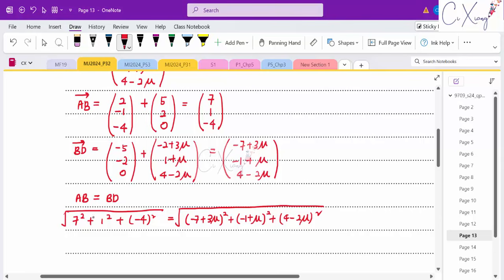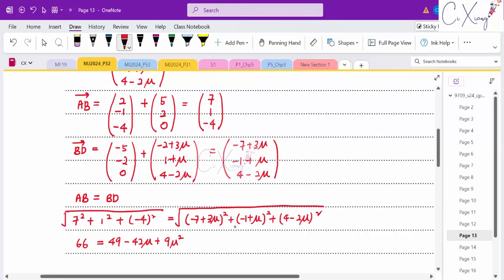Okay, for both sides, the square root, I will just cancel them off. Then the left-hand side, if you expand everything, you'll have 66. For this part, no other choice: you have to expand all the expression terms slowly. Okay, so I'm having 49 minus 42 mu plus 9 mu squared.